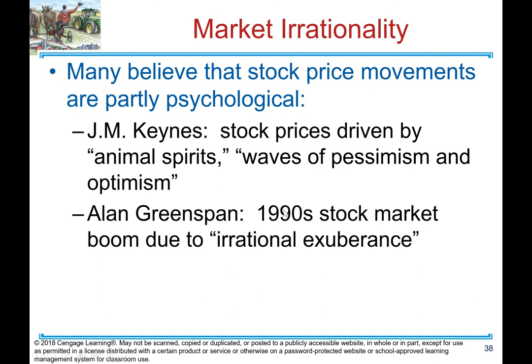Market irrationality. Many believe that stock price movements are partly psychological. According to John Maynard Keynes, stock prices are driven by animal spirits. Those are waves of pessimism and optimism. There really is no rationality out there. Even Alan Greenspan in the 1990s mentioned that the stock boom of the 90s was a result of irrational exuberance.